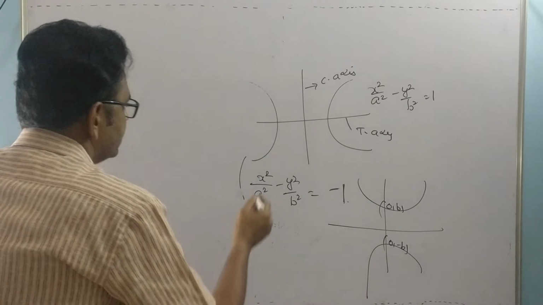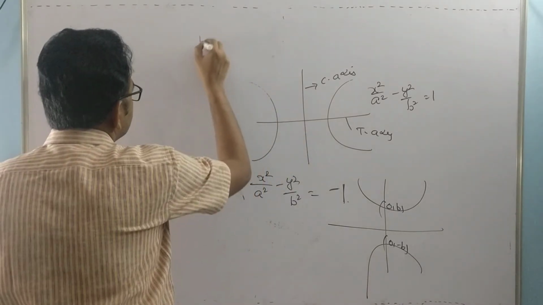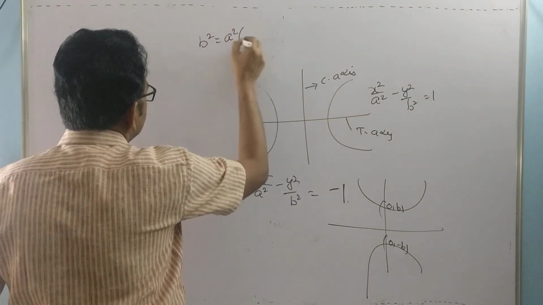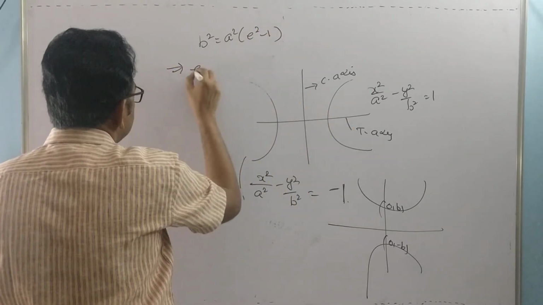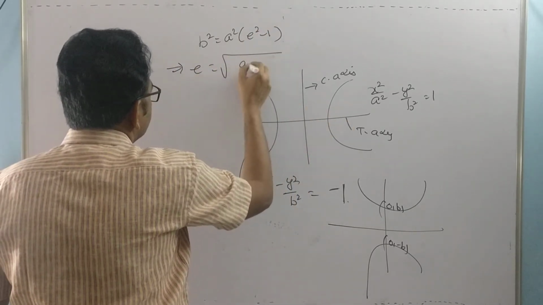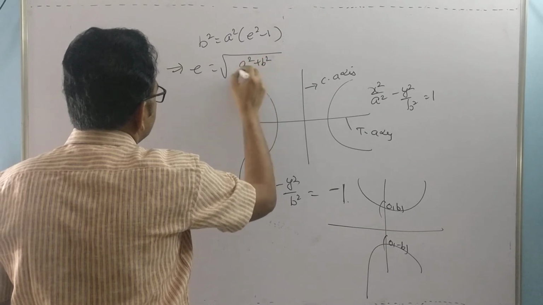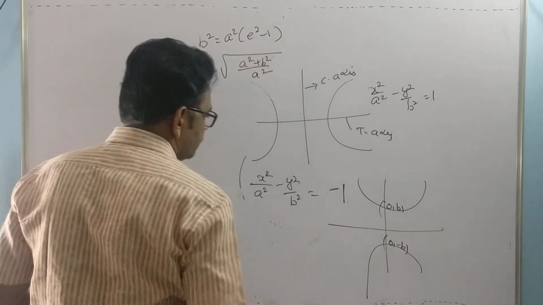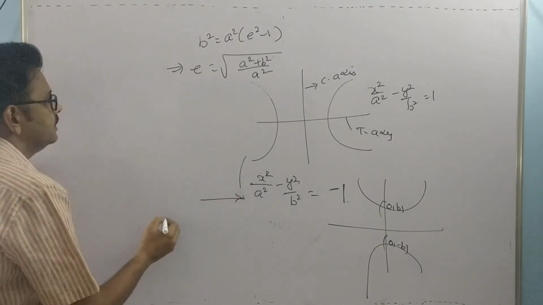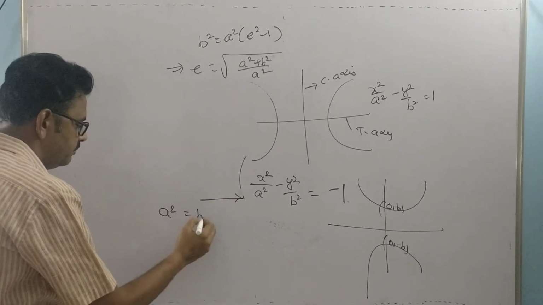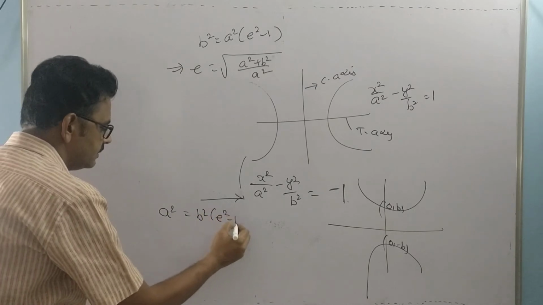See, for this hyperbola, b square equal to a square into e square minus 1. That implies e is equal to root of a square plus b square by a square. For the conjugate hyperbola, a square is equal to b square into e square minus 1.